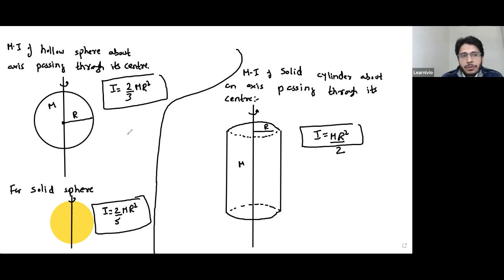So which one has lesser moment of inertia? The solid one. Solid has the smaller moment of inertia. So the one having smaller moment of inertia will offer smaller resistance and will rotate easily. See, this 2 by 3 and 2 by 5. 2 by 5 is smaller. So the sphere having this 2 by 5 moment of inertia will rotate easily. So solid sphere will rotate easily. Clear?